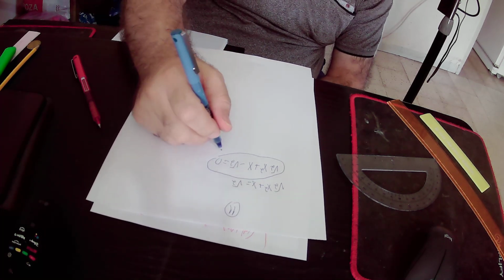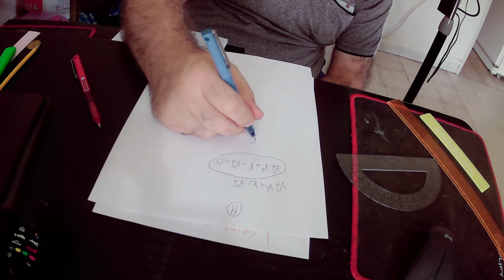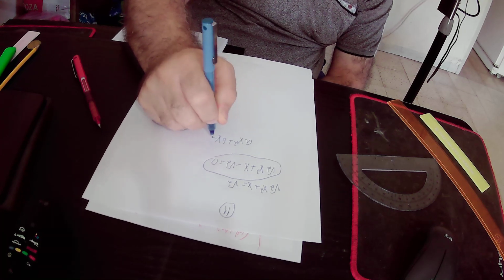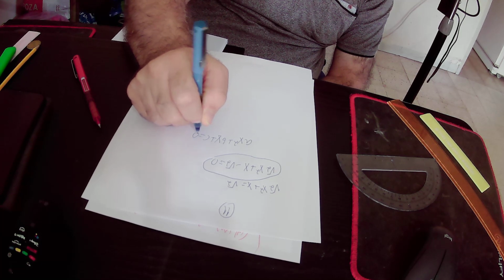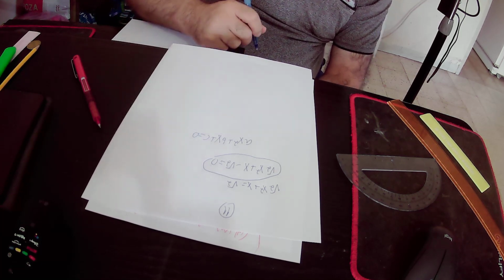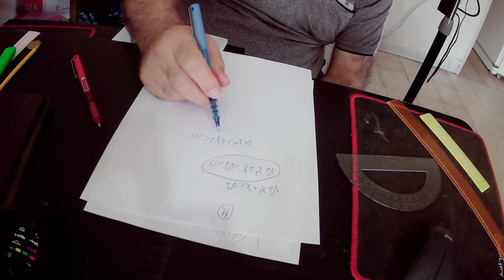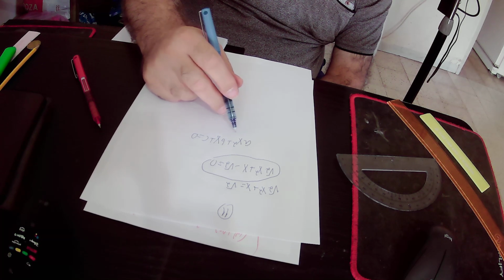The general form of a quadratic equation is ax squared plus bx plus c equals 0, where a, b, and c are the coefficients of this quadratic equation and the variable is x.